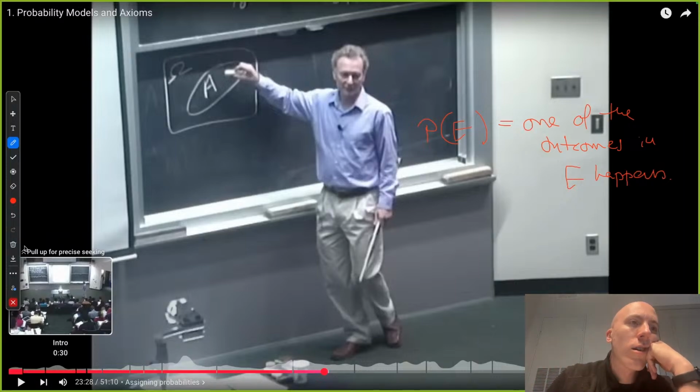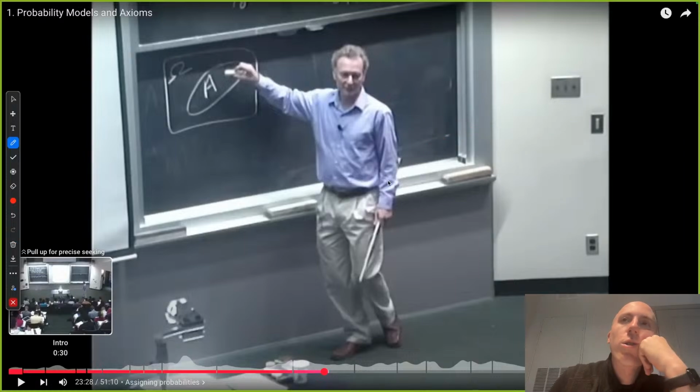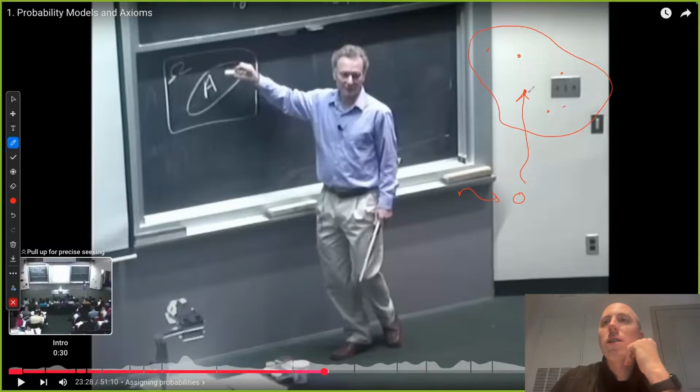So it's almost like before, we defined the sample space, the probabilistic experiment happens and we get an outcome, and we need to be able to point to it and say, yep, that's the outcome.